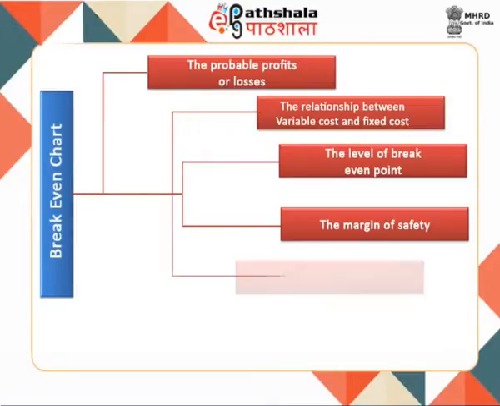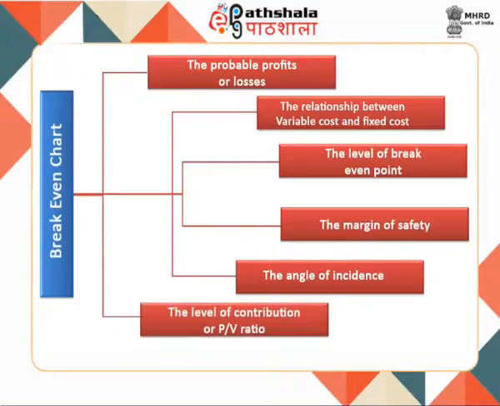Number 5, the angle of incidence, that is, the angle made by the total sales line and total cost line at the break-even point. A large angle of incidence shows a high rate of profit and vice versa. Number 6, the level of contribution or PV ratio, if required, may also be shown.